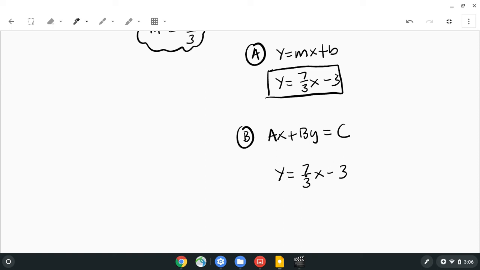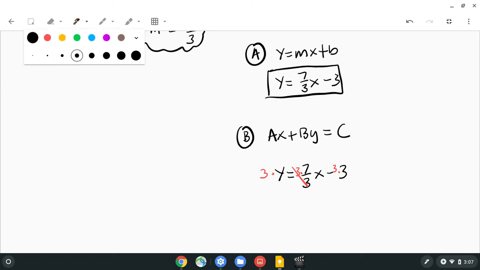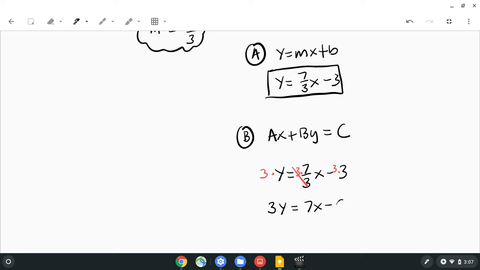To clear the fractions, we multiply everything by the common denominator. We only have one fraction, so the common denominator is 3. So I'm going to multiply all 3 of these guys by 3. That will cancel my fraction. Remember, standard form, no fractions. So here 3y equals 7x minus 9.